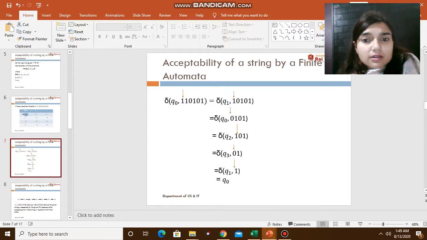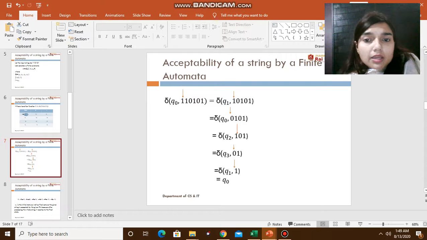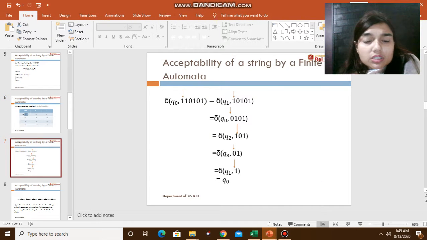So let's see again, q1 में अगर आप 1 देते हो तो हम q0 पे पहुंचते हैं. q0 में अगर 0 देते हो तो we reach q2. आप टेबल से देख सकते हो कि q0 में 0 देने से you reach q2. q2 में 1 देने से we reach q3.